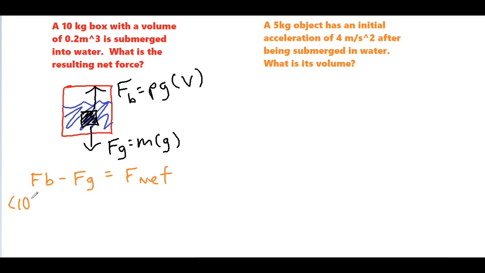So for our buoyant force, we have rho, which is the density of water, which is a constant of 1,000 kilograms per meter cubed, times 9.8 times the volume of 0.2, and then minus our mg, which is 10 times 9.8.